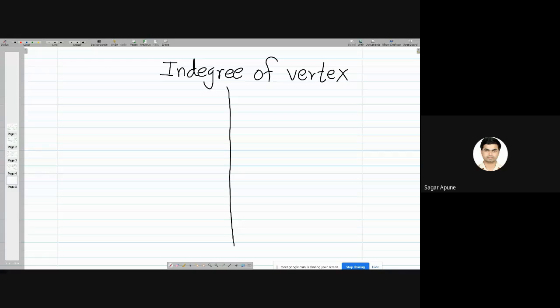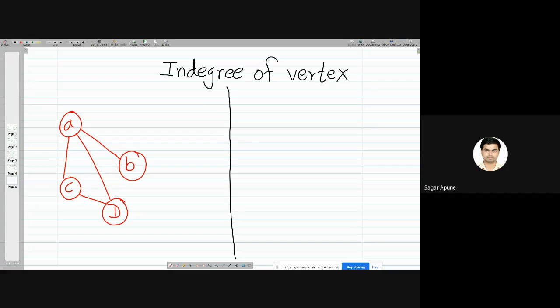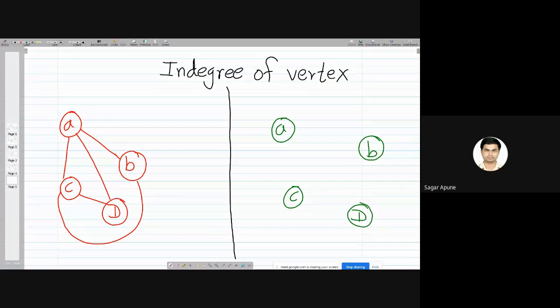So I use two examples, directed and undirected. So here my graph is like this: A, B, C, D. A, B, C, D. Here again the same example: A, C, D and B. But here in the directed graph, direction is there.